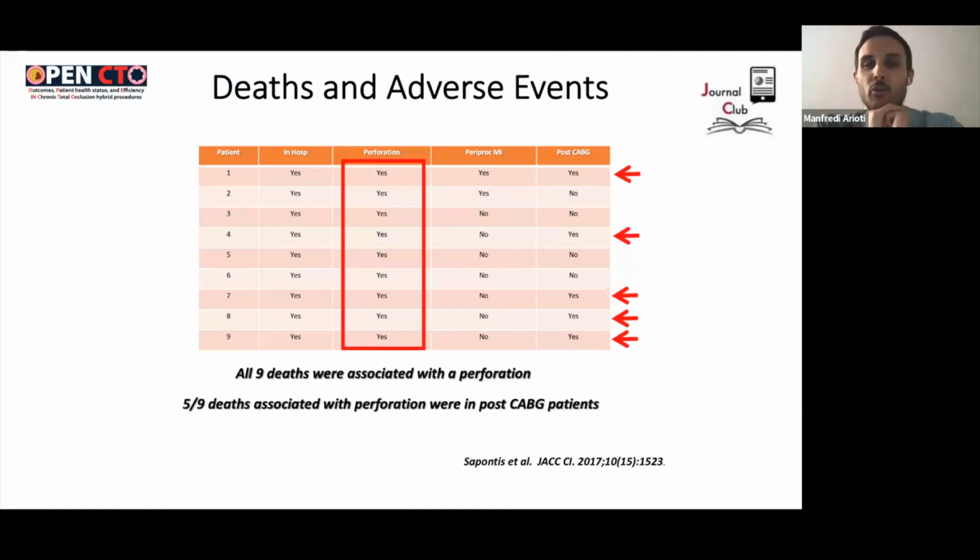And if we look at the Open CTO registry, among 9 deaths in the registry, all of them were associated with a perforation. So definitely perforations impact a lot on procedural and clinical outcomes.